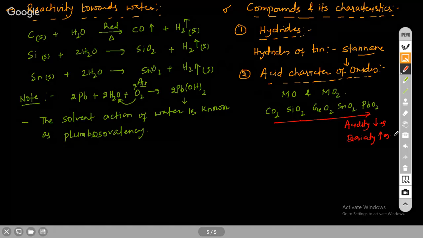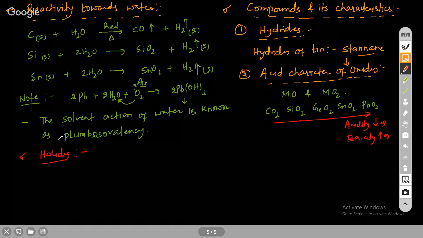Next, you write down halides. Write down all elements of this group. Stability of +4 will decrease down the group.